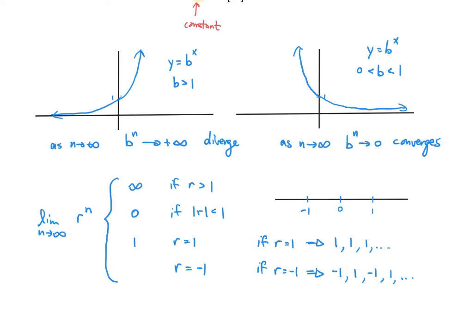So this guy keeps alternating between negative 1 and 1. So that situation is when we say this limit does not exist. So this diverges.